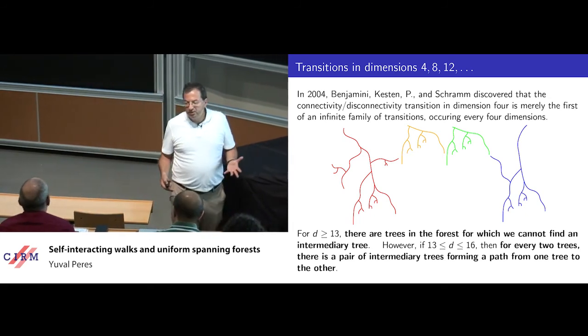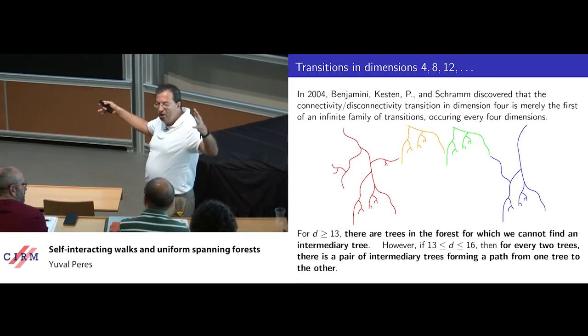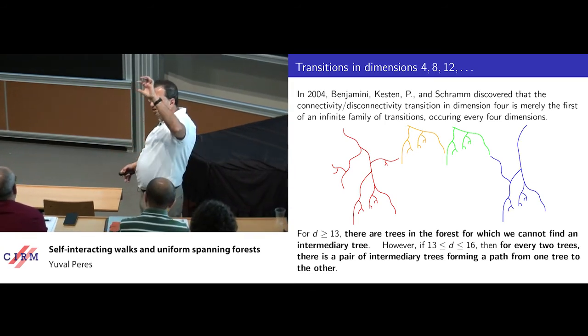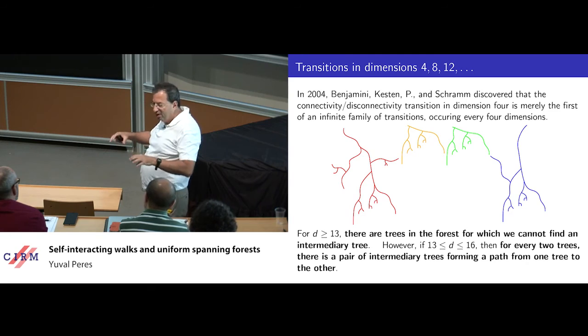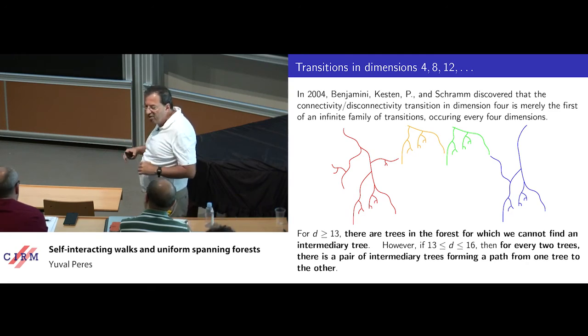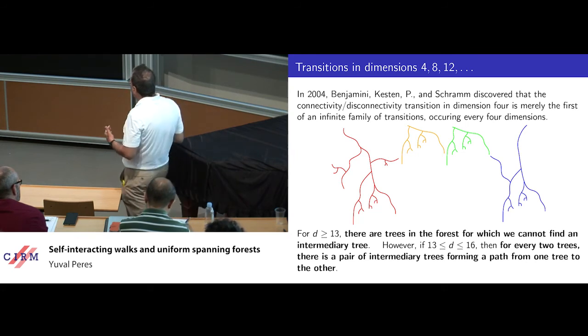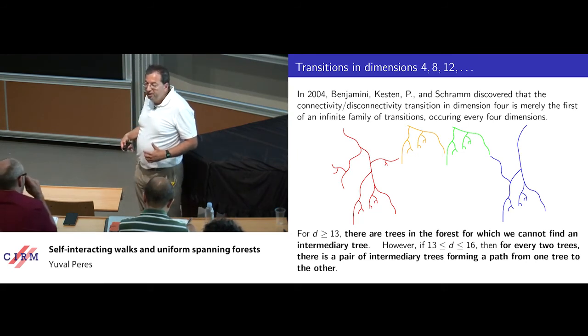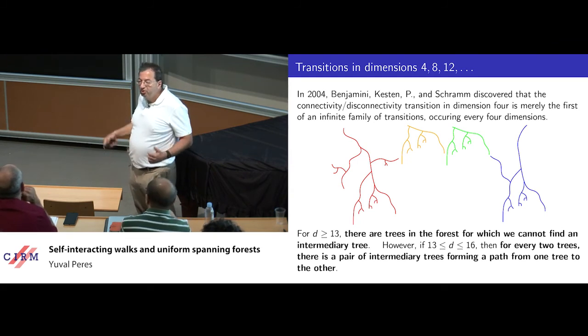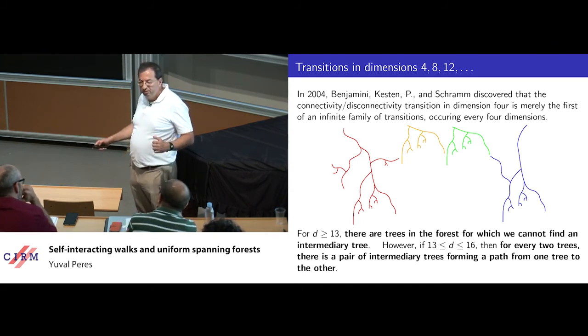Another way to put it is to build some abstract graph where a node of this graph is a tree. And, well, two trees are adjacent if they come within distance 1 in the lattice. And then what we're saying is that the diameter of this graph is the integer part of (d minus 1) over 4. So that's one way to summarize all these facts.